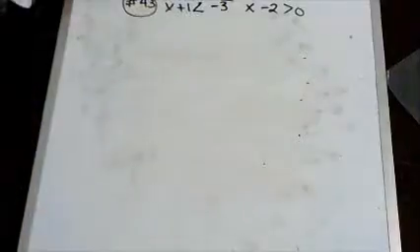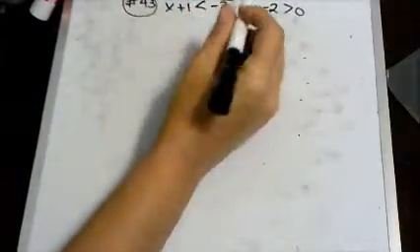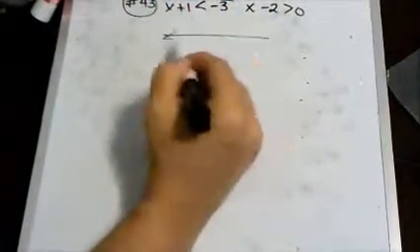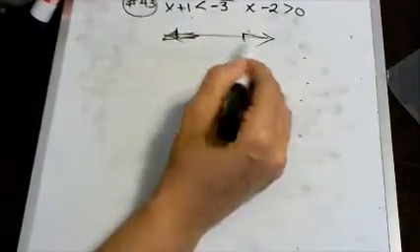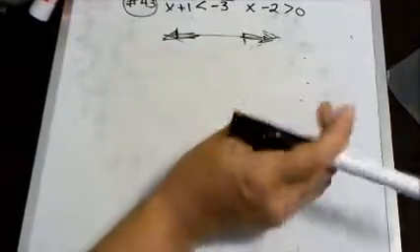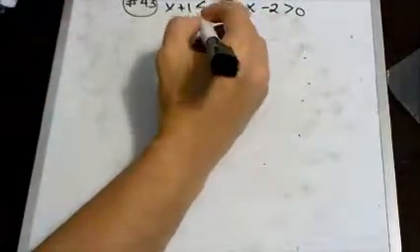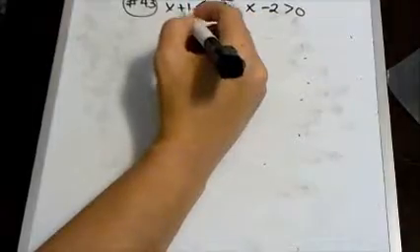Now we have an or, so we know that they're going to be on two sides of the graph. Remember what the ors look like? You're sitting in the middle and you got an or on this side and an or on this side, and you're rowing the boat. Okay, so that's what it's going to look like. So let's go ahead and just solve them separately.